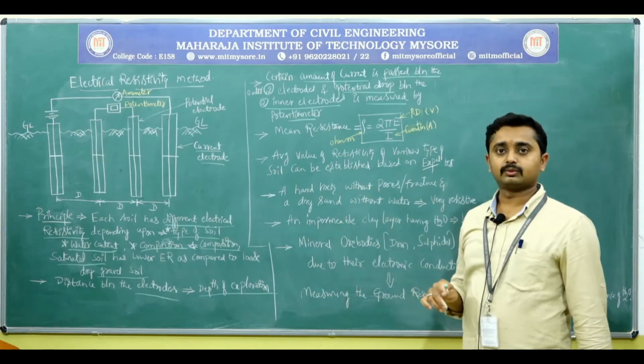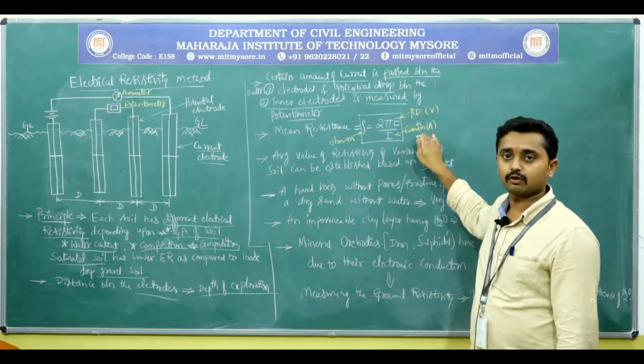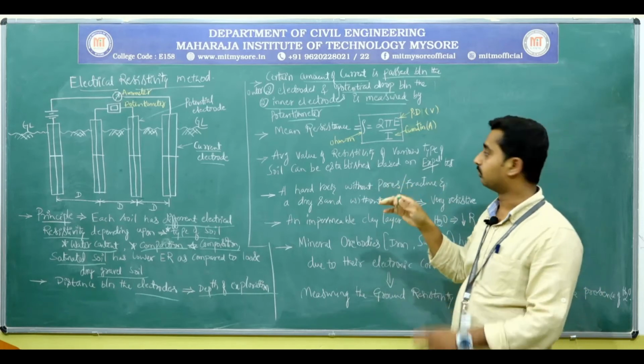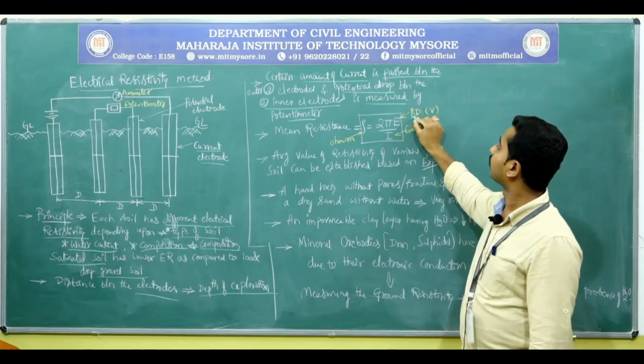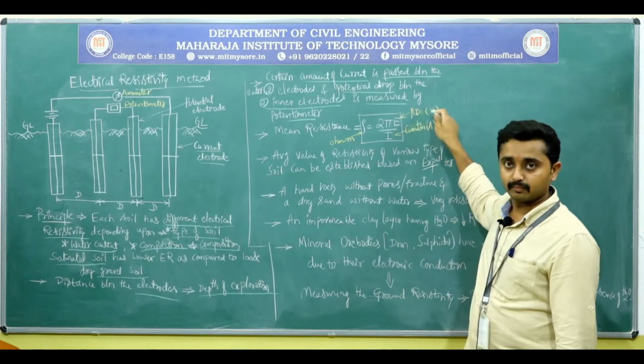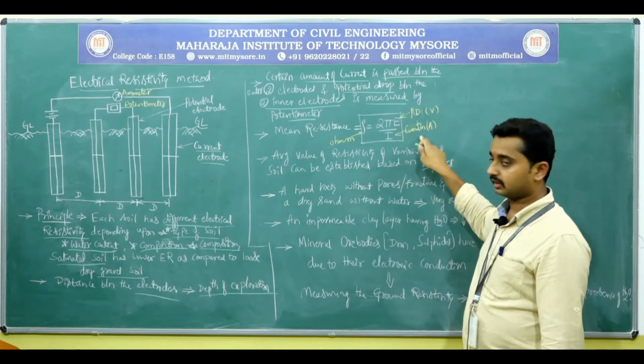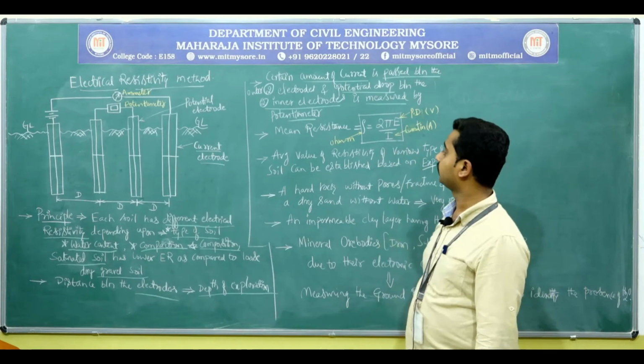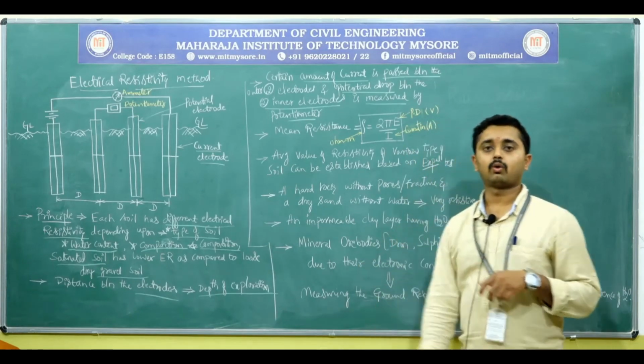We can calculate the mean resistivity using this formula: rho = 2 pi E by I, where 2 pi is a constant, E is the potential drop in volts, I is the current in amperes, and rho is the mean resistivity in ohm meter.